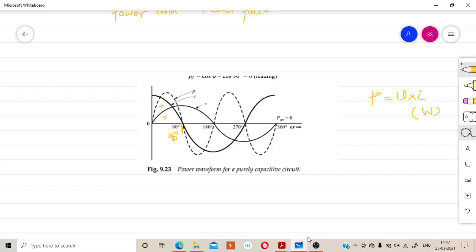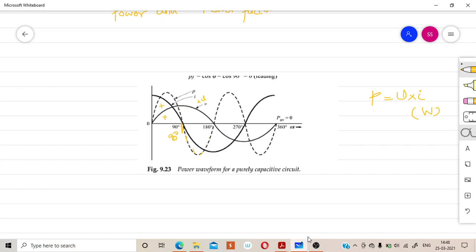And then V is positive and I is negative in the interval 90 to 180 degree, so positive into negative, you will get negative. The same concept is repeated after 180 degree. So the power waveform is also known.